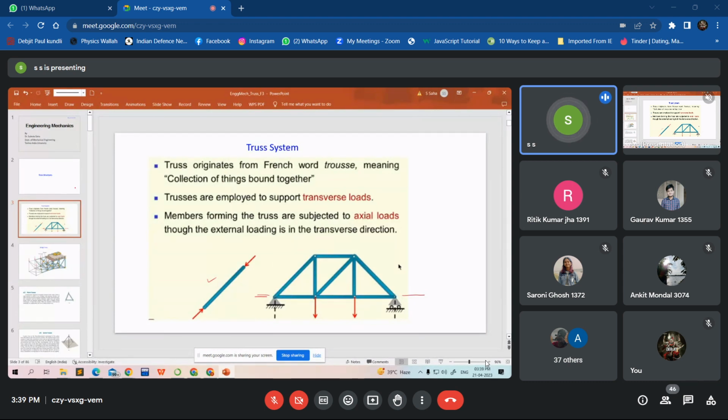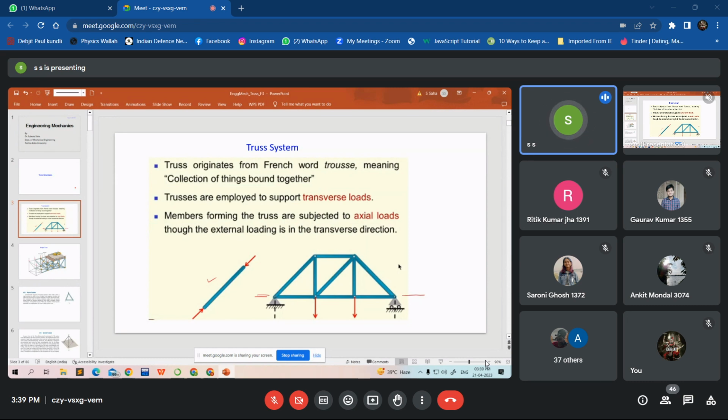This is collinear. If the forces are not axial, then they will have a moment and will have rotation. But that is not happening here.